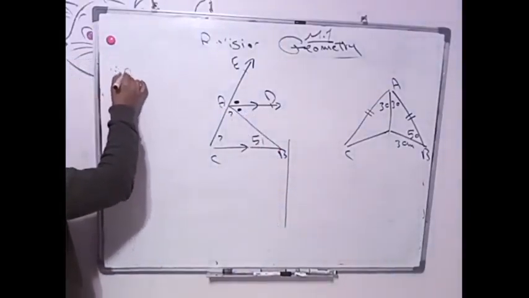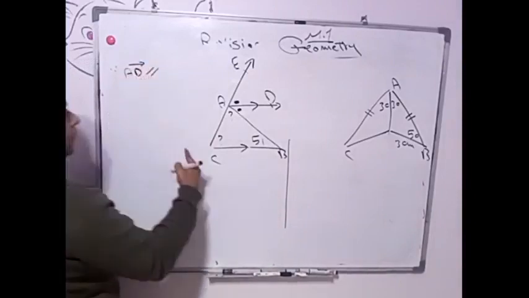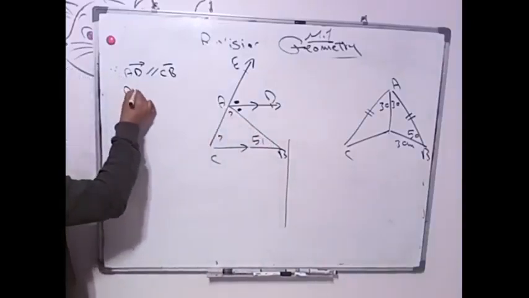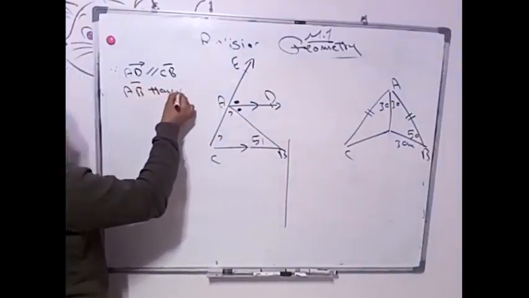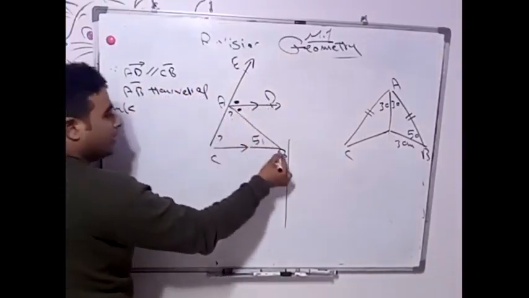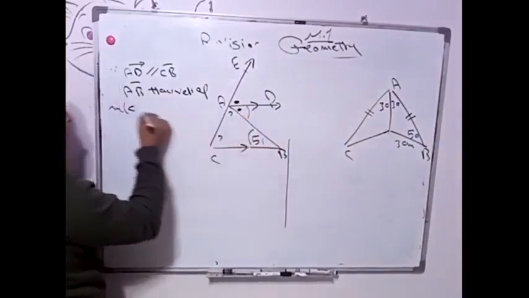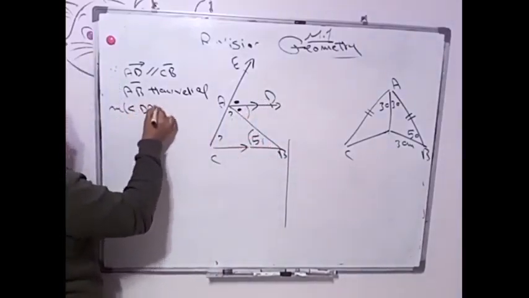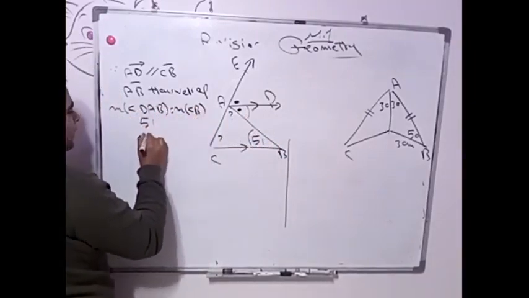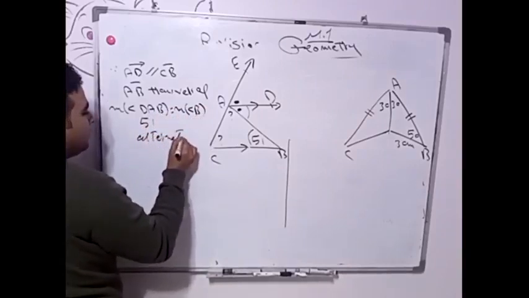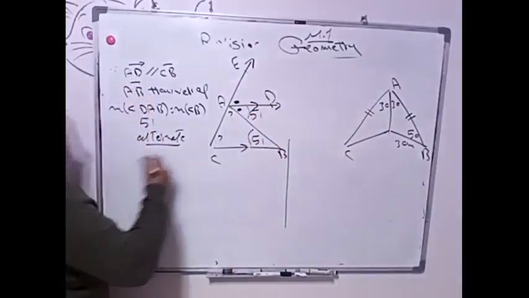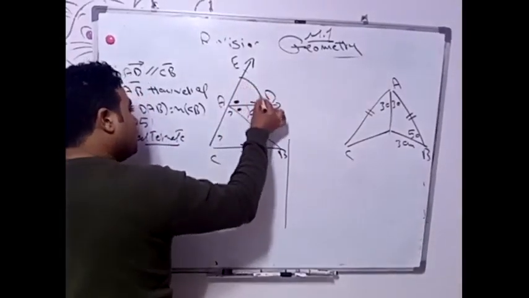Since I have AD parallel to CP and AB transversal, measure angle DAB equals angle B. Measure angle DAB equals measure angle B equals 51, alternate angle. Alternate because we have letter Z.